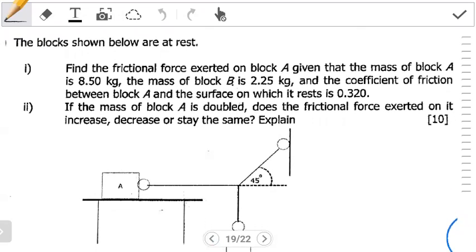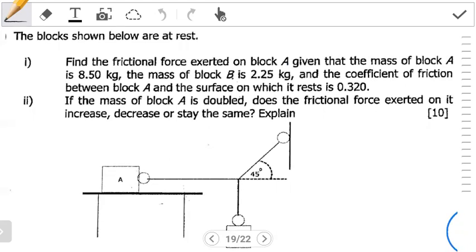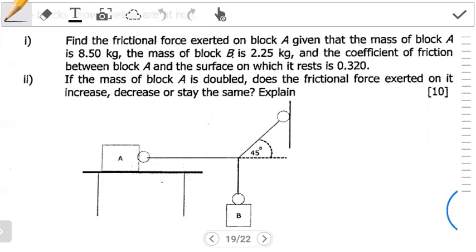I'm going to cruise through the steps that you need to use to work out this problem, since most of the methods that you use are similar to the ones which were used in that video. So in this video, we're trying to find the frictional force exerted on block A, given the mass of that block and the mass of block B, and then also the coefficient of friction between block A and the surface was given.